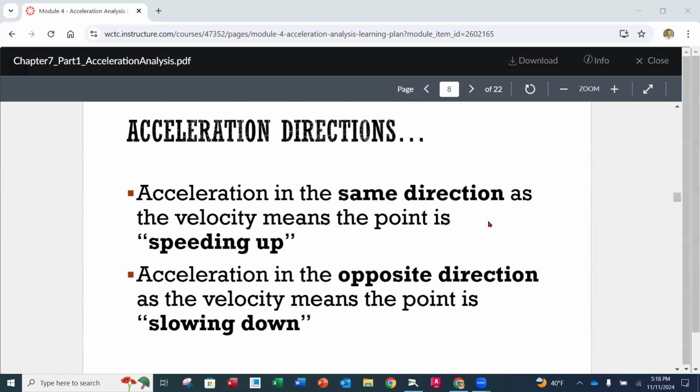But acceleration will be pointing in the opposite direction if the velocity is slowing down. So when we come to a stop, for instance, driving down the road, if we're slowing down, our acceleration is decreasing, so the vector we're going to find is going to point in the opposite direction.